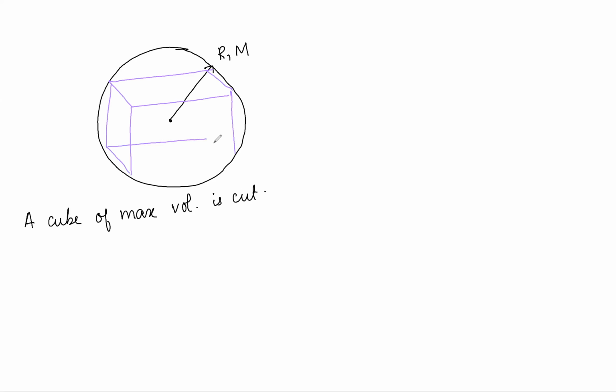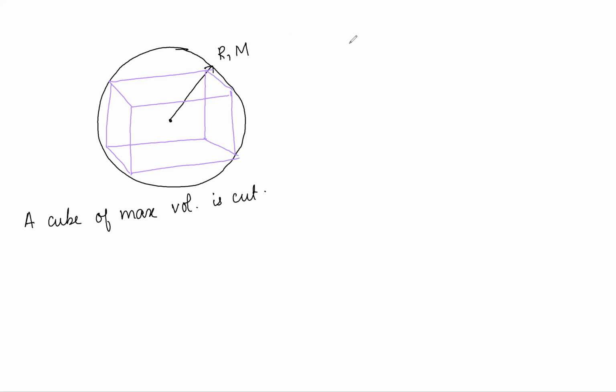Okay? The question is to find out the moment of inertia of the cube. So I hope you get it. There is a sphere, and from the sphere, you are cutting a cube of maximum possible volume.